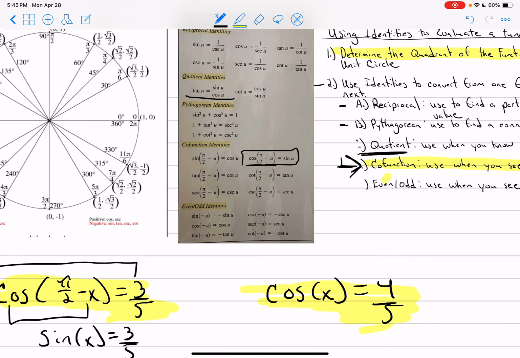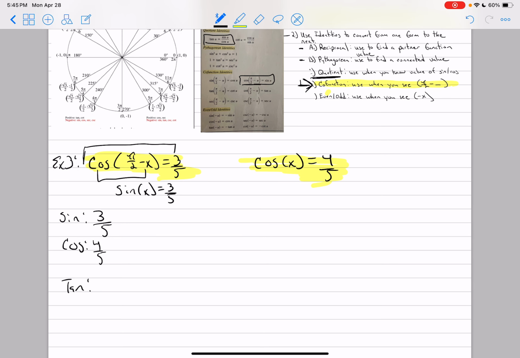Tangent is just sine over cosine, which is 3/5 divided by 4/5, which is 3/5 times 5/4, which is 3/4.